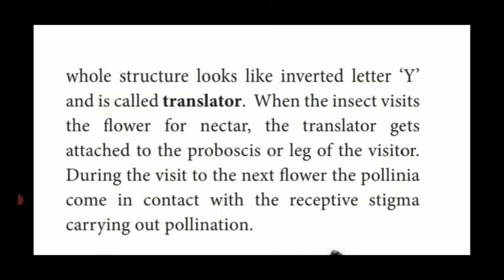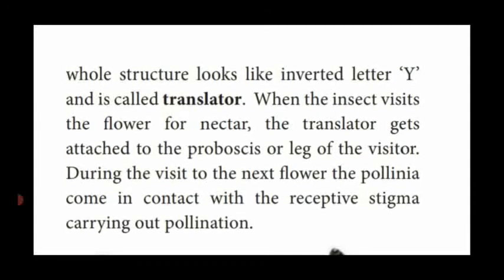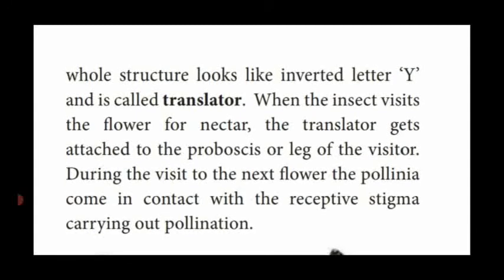So when the insect visits the flower and sucks the nectar present at the back of the stamen, all the pollen grains in the form of pollinia are attached to the sucking organ of the honeybee, that is the proboscis or leg of the visitor. After that, the honeybee enters another flower.